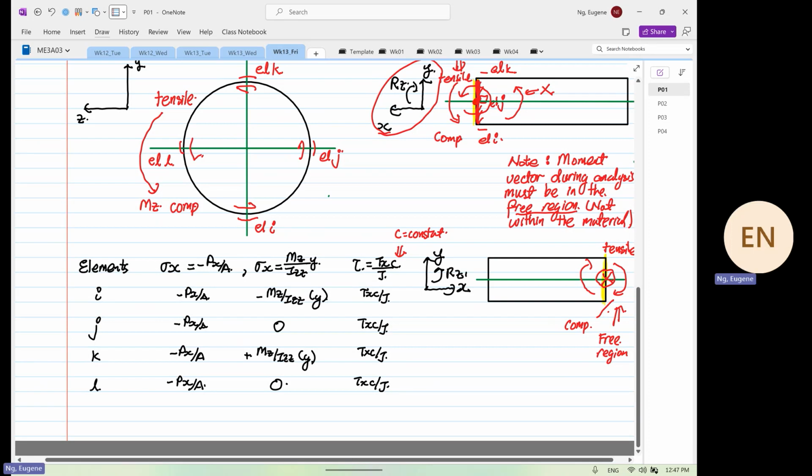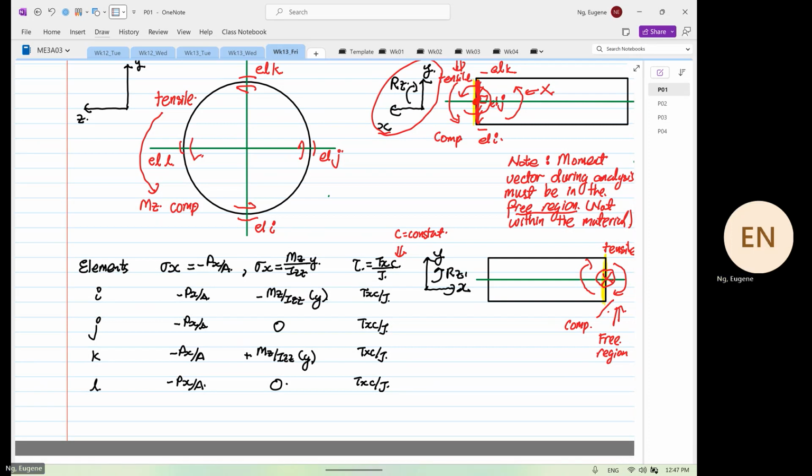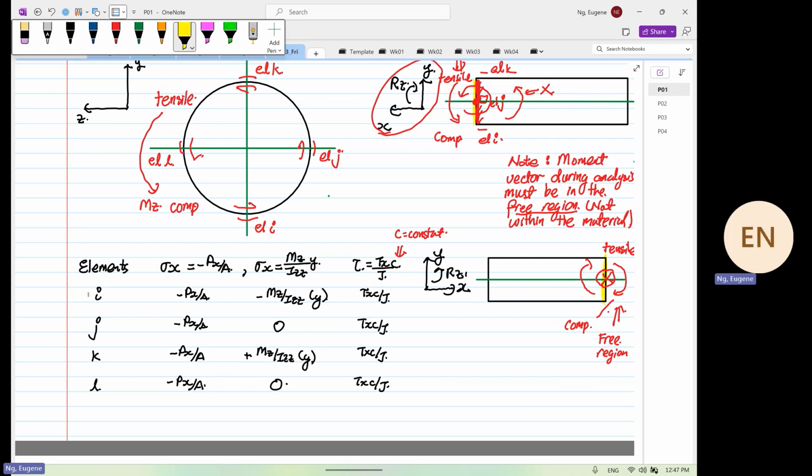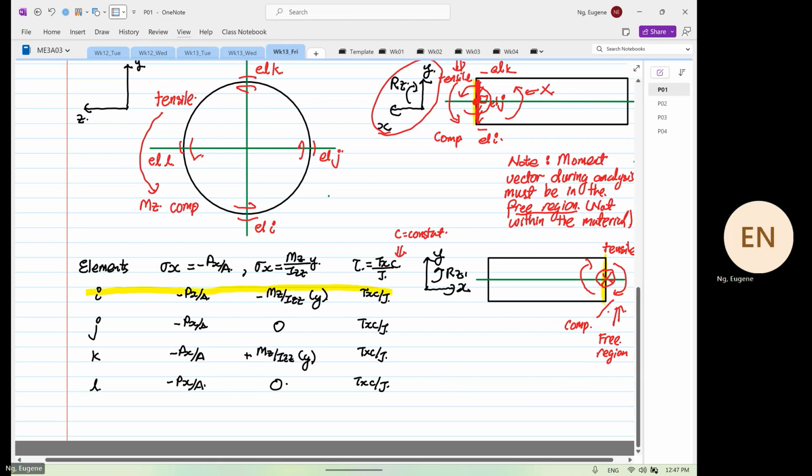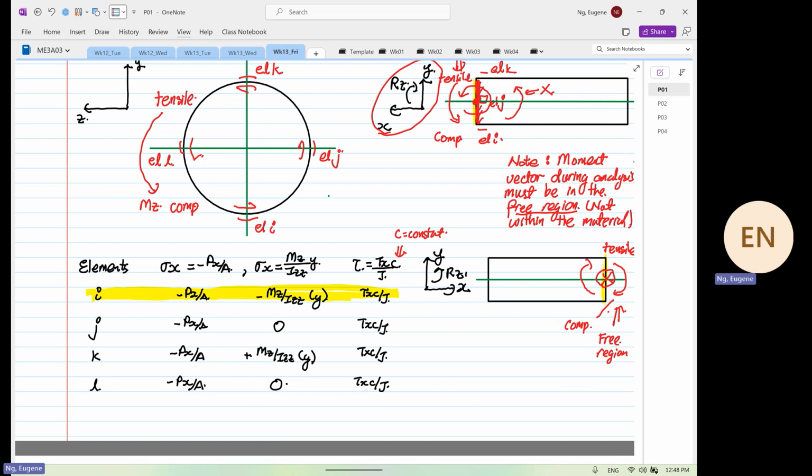Right. So from here, which element are we going to pick to analyze? I, J, K, or L? Anyone? I. Very obvious. Why I? Because your axial load and the bending moment are going to induce compression.